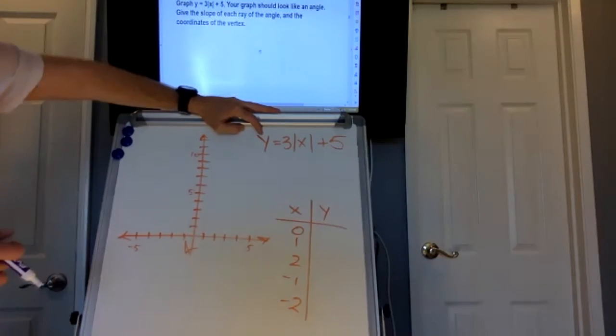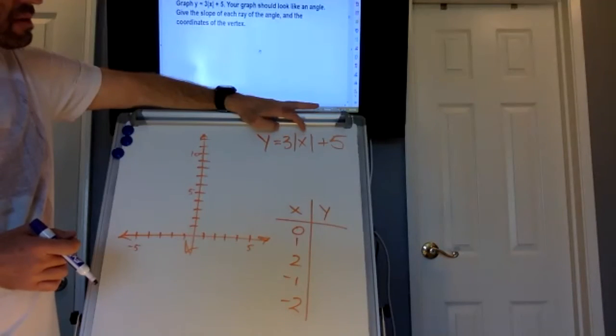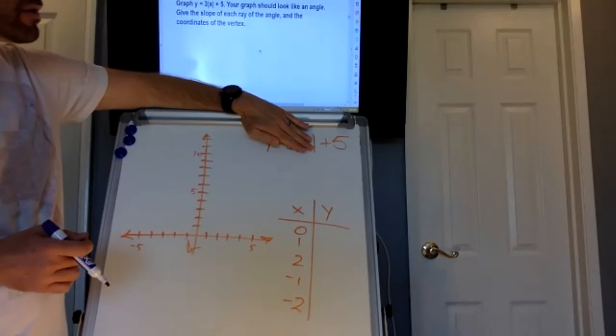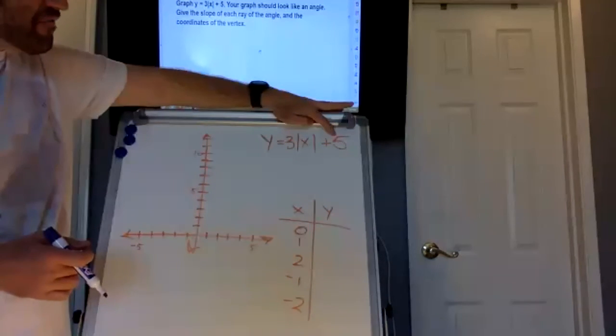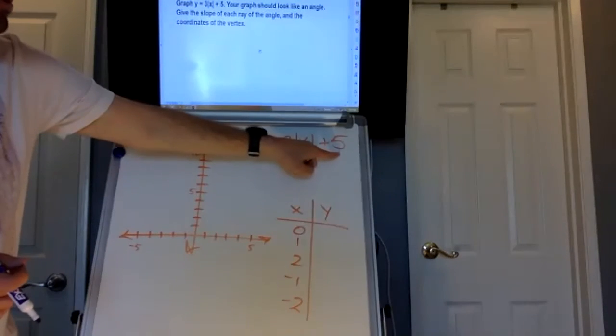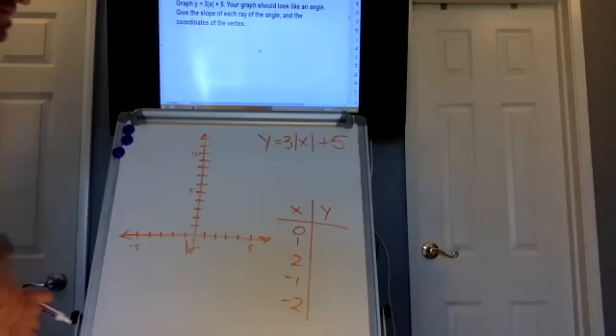Not only that, no matter what you put here, the lowest that this could be is going to be 0. At the lowest, this is 0, which is the y-intercept, plus the 5. So as a matter of fact, this graph is not going to be able to drop below 5. 5 is going to be the baseline on this. All right, so let's try it.